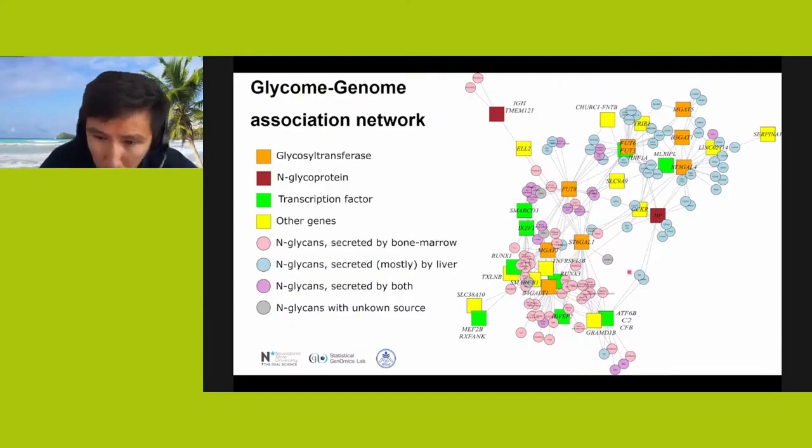In the lower network, we see N-glycan traits that are secreted into the bloodstream by bone marrow, by plasma cells, and here we see a lot of transcription factors that are specific to immune cells. Moreover, almost all of the genes from the lower network were found in the genome-wide association study of glycosylation of immunoglobulin G. So we can conclude that there are two tissue-specific subnetworks of regulation of N-glycosylation.